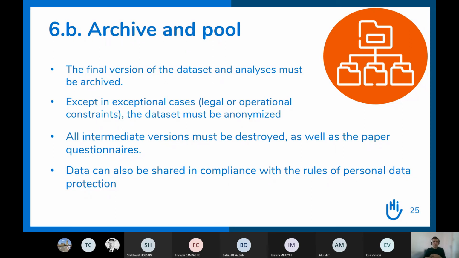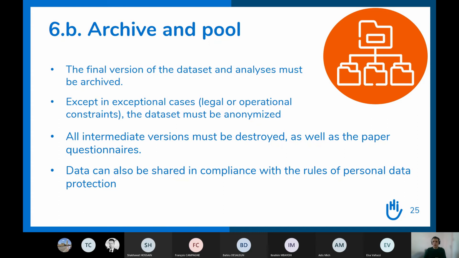So once you have done all the analysis, once you know that you don't need to keep personal information anymore, the best thing to do is to remove all this personal information, but then to keep all the other information, because this data set can be very valuable for different uses. So it's better to keep it, but if possible to remove personal information from it.